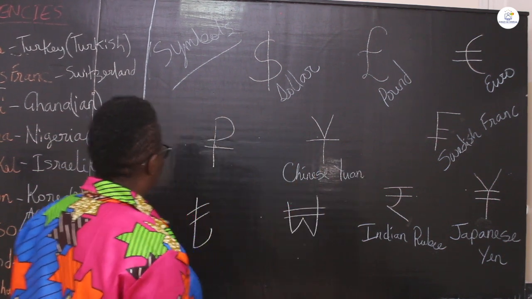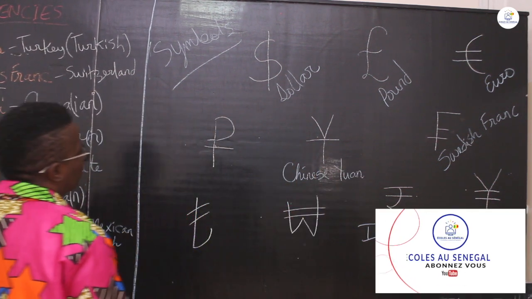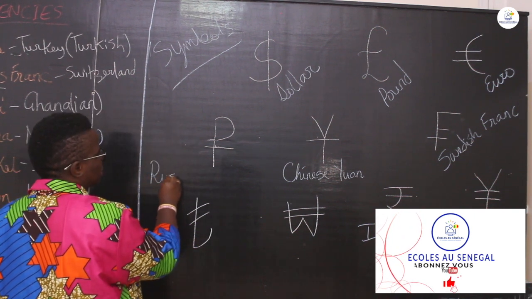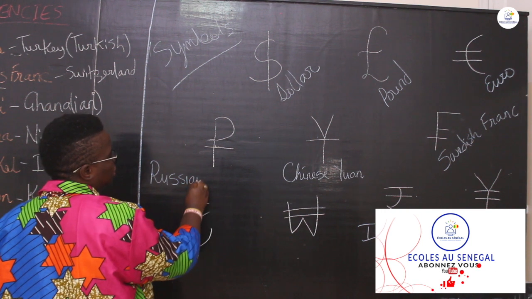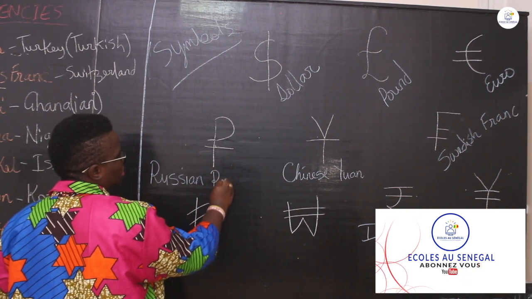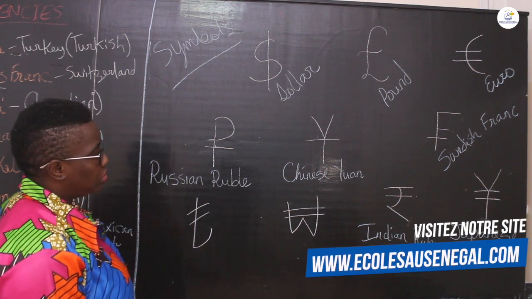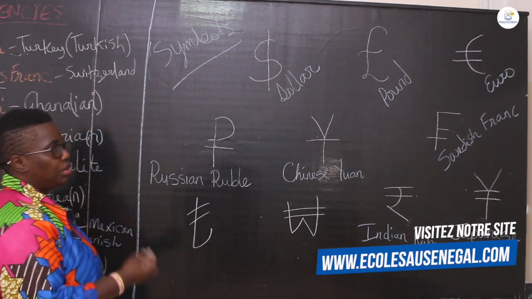Okay, Chinese yuan. And then this is the Russian ruble. Russian ruble. Okay.